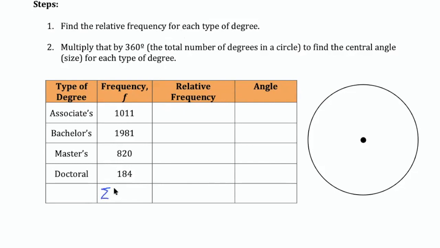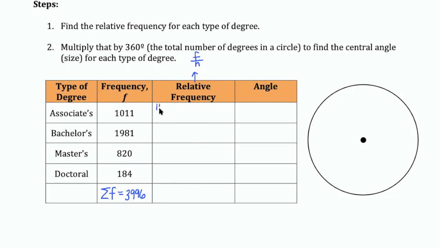The Greek letter sigma means I'm going to add up this frequency column, and if you add all these numbers together, I believe you get 3,996. So to calculate the relative frequency, remember the formula is take the frequency of that particular category and divide it by n, which is this total number of frequencies.